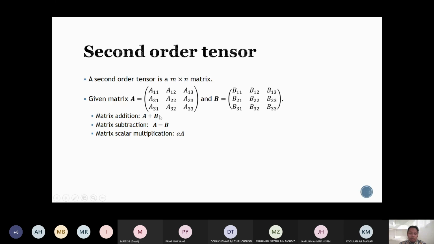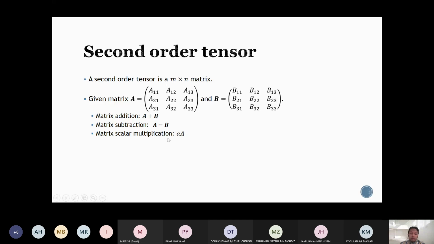Before you do addition, you must make sure that the matrices have the same size. Here A is 3 by 3, B is also a 3 by 3 matrix, so you can add them together. If they are not the same size, you cannot add the matrices together, similar to subtraction.